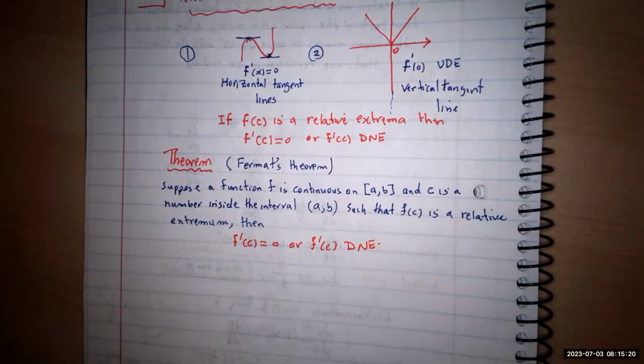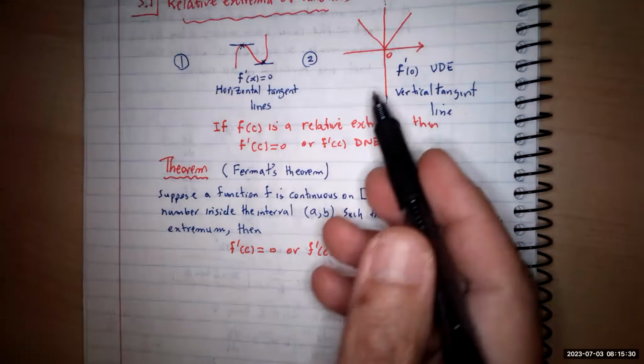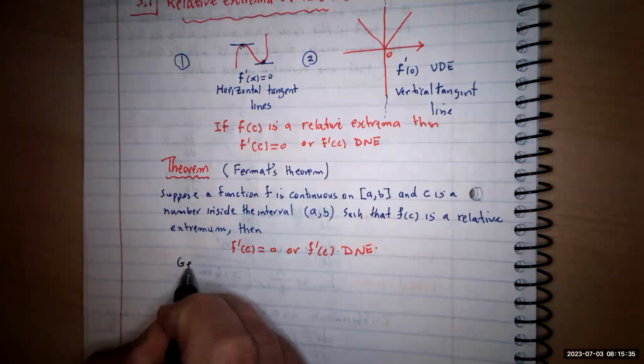Some people remember things better when they see them visually, so let's mention what this means from a geometry point of view: the tangent line problem.